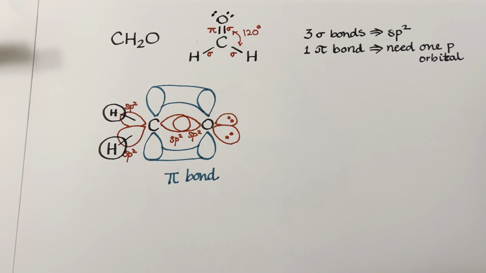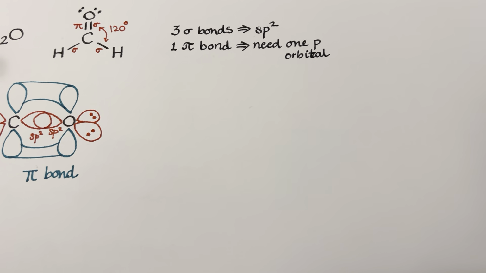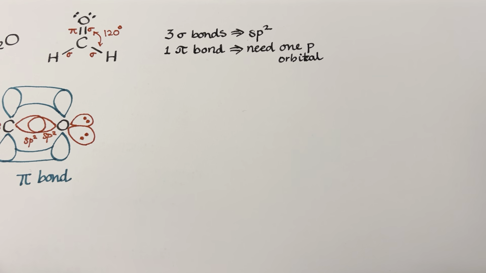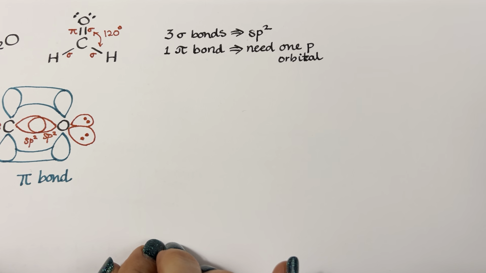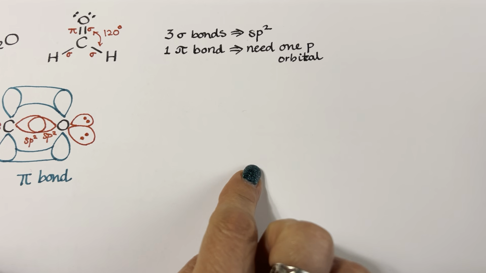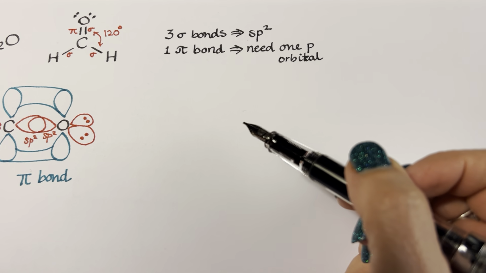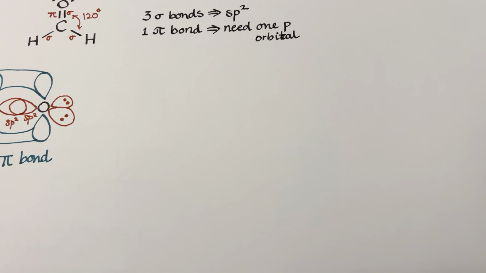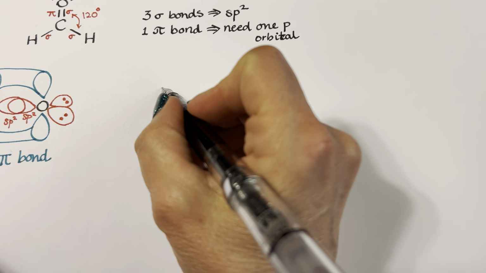Now, what if you have a situation where it's sp2 hybridized, but instead of there being 3 sigma bonds, there could be 2 sigma bonds and a lone pair? An example of this is SO2.